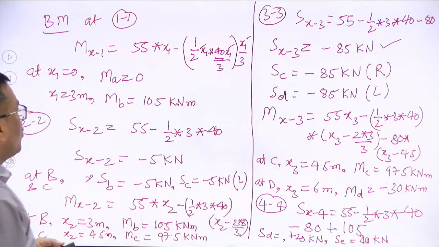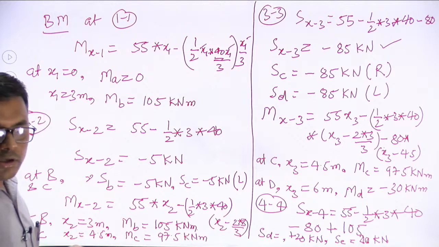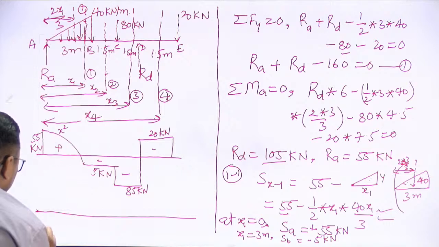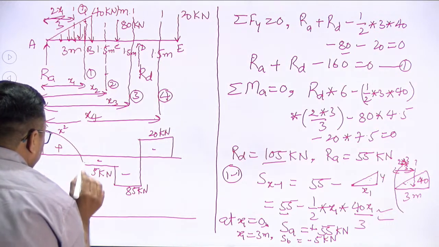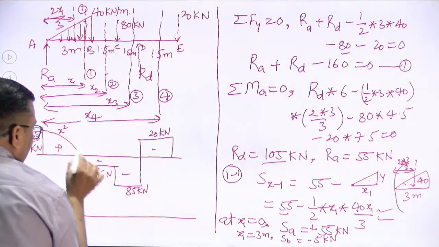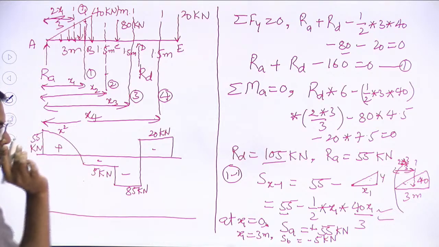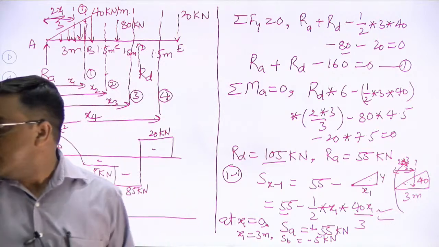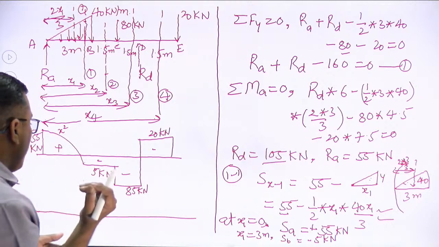Bending moment equation cubic, and at point A it is 0, at point B it is 105. और इन दोनों के बीच में what we are observing, that in the section plane 1 there is a point where shear force is 0 and V equal to dM over dx, saying what? Wherever the shear force is 0, the bending moment either will be maximum or minimum.